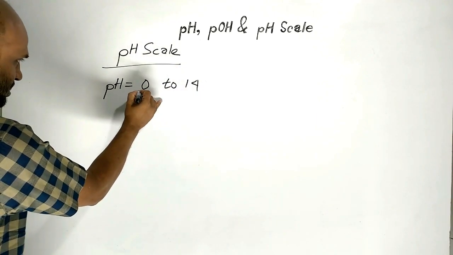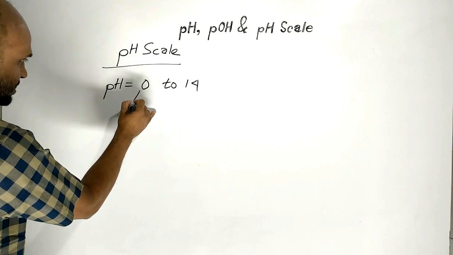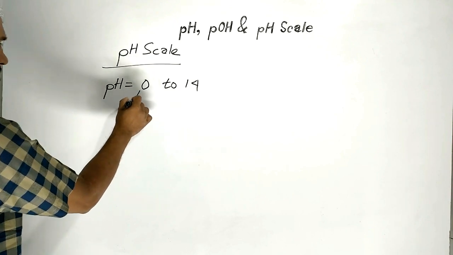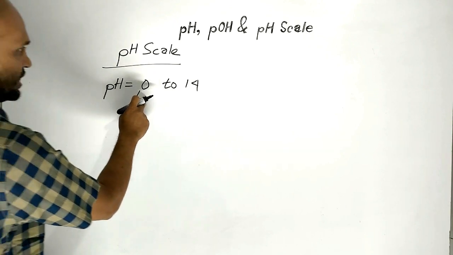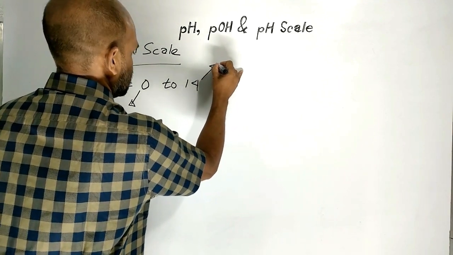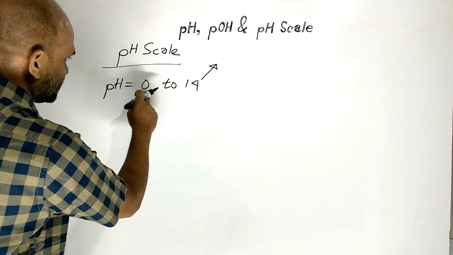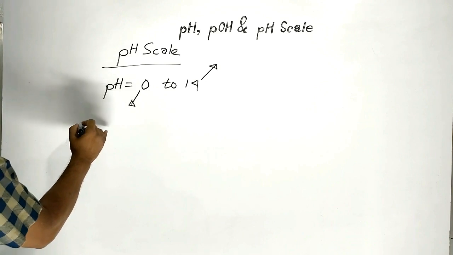But in some cases, pH value can be less than 0 and it can be more than 14. Here we will see the matter. Now let us see when it is 0 to 14.